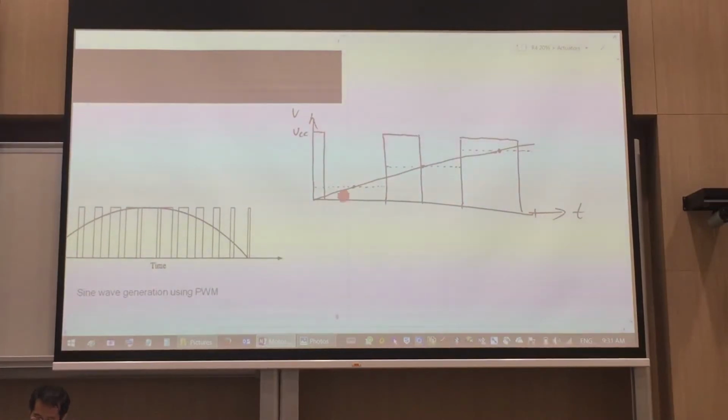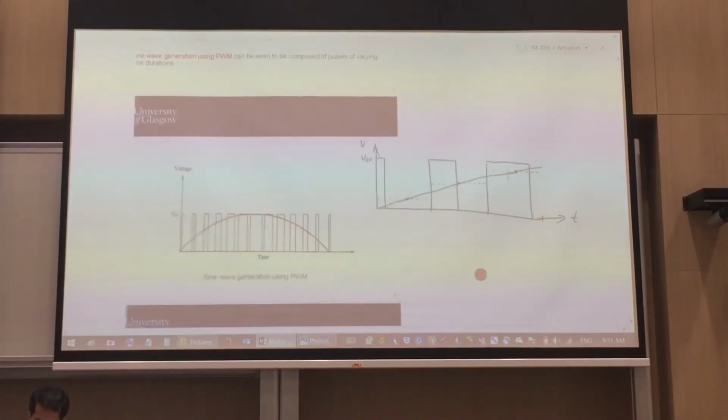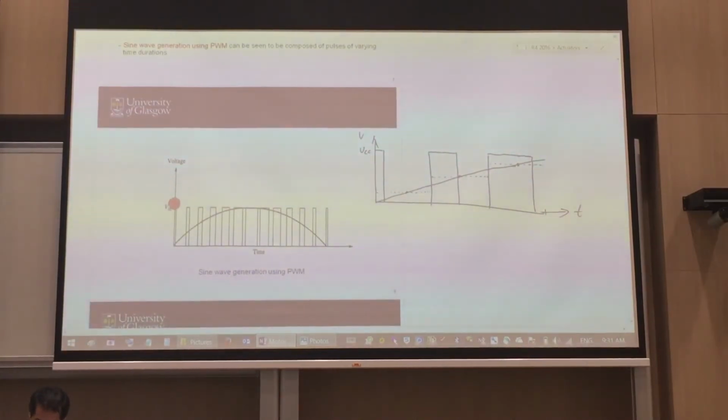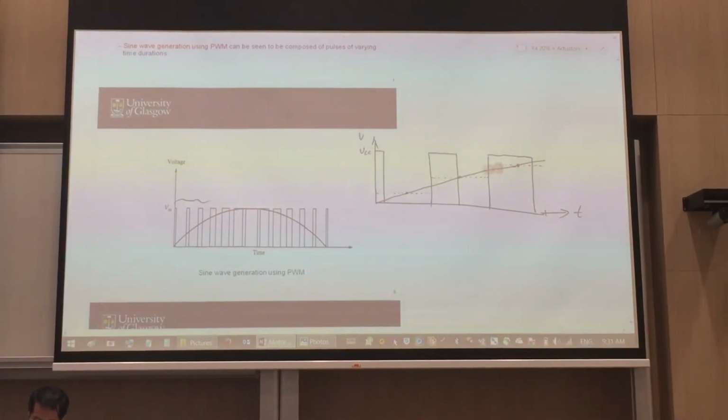So you can see that what I could do is have this part over here behave overall as a sinusoidal effective voltage output.